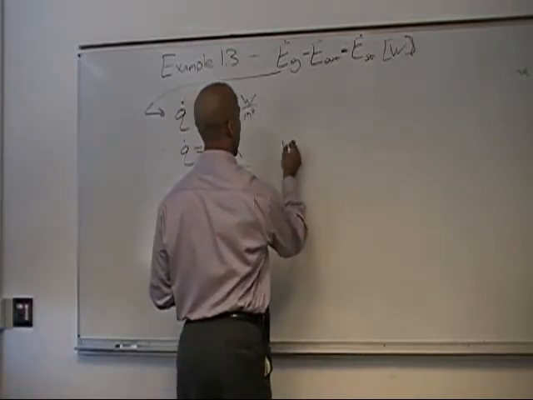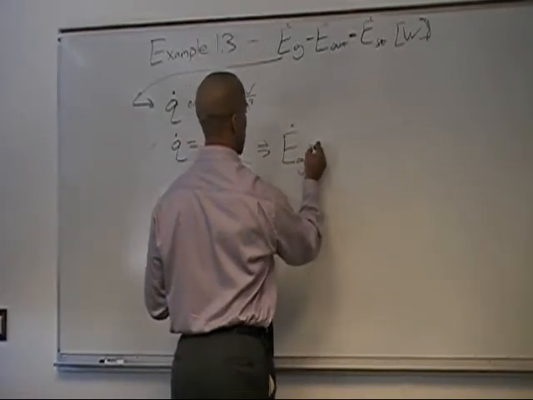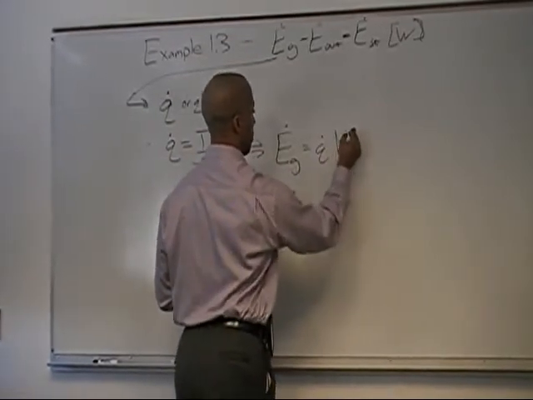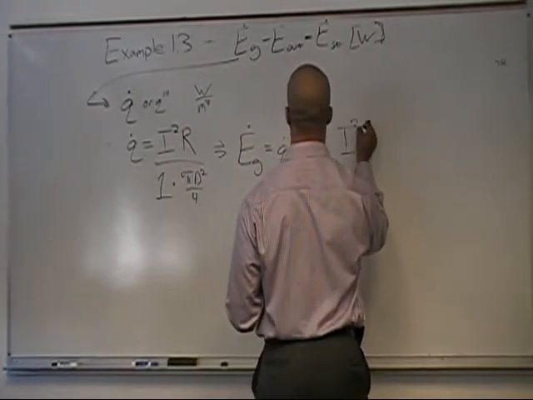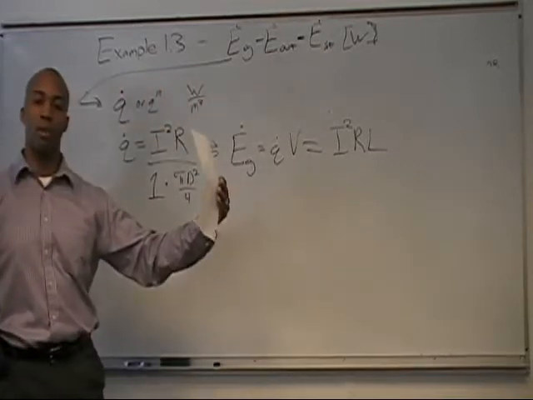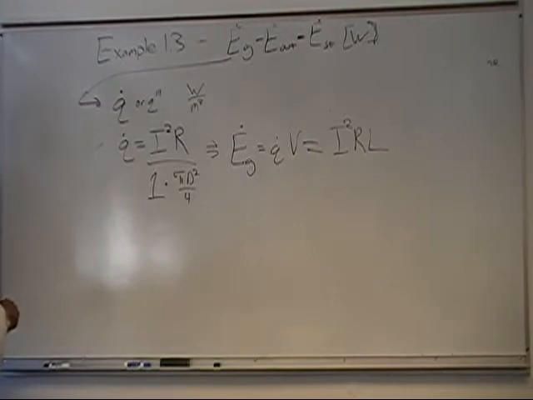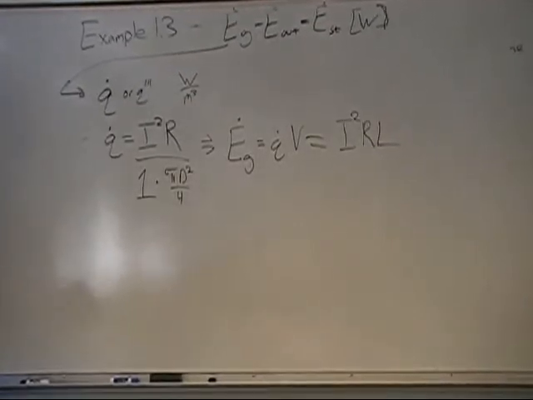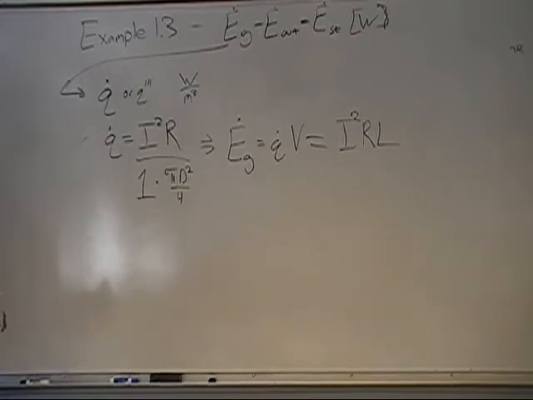So now we have that our E generation is equal to Q dot times the volume, which is equal to I squared R L, and L is the length of the rod that we're considering. So I skipped some steps, but I'll let you work through that. You can see it in the book also. But you cancel out the area, and you're left with that as the heat generation term.